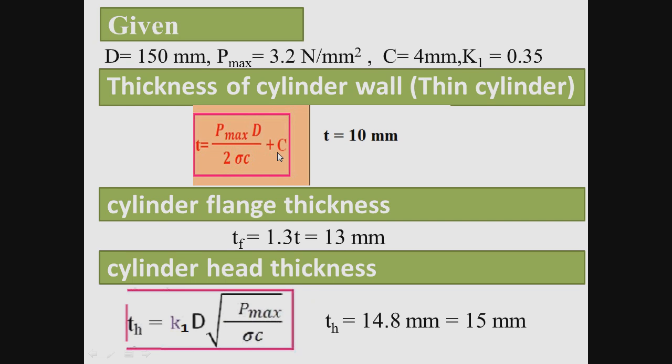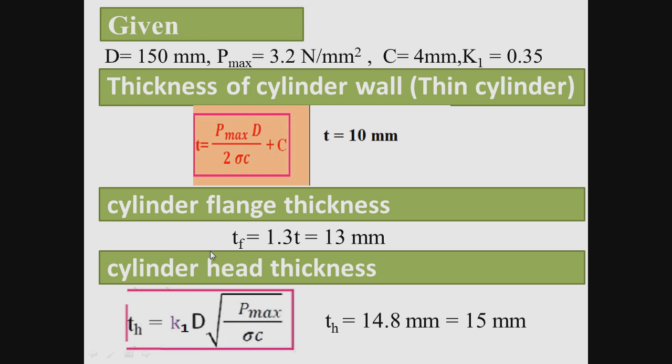Substitute sigma C as 40, plus the constant C, which is 4 mm. Substituting all the values, you will get T is equal to 10 mm. So the thickness of the cylinder wall is T is equal to 10 mm.